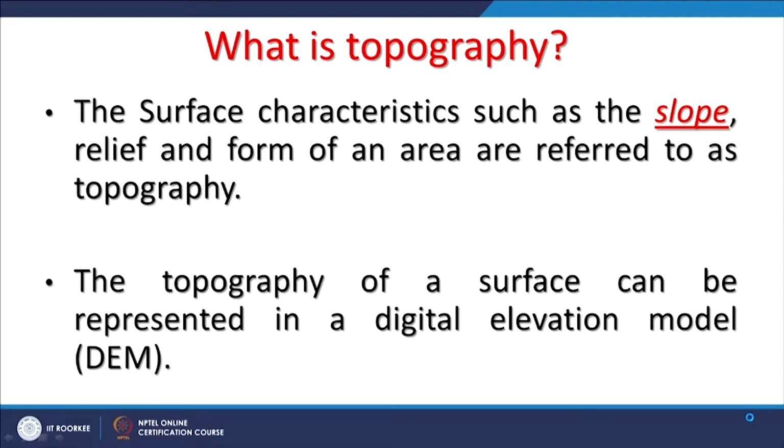The topography of a surface is represented through our digital elevation model, and as we go for higher and higher spatial resolution digital elevation models, we can study the topography in more detail, and get information that was otherwise impossible using survey topographic maps or survey topo sheets.